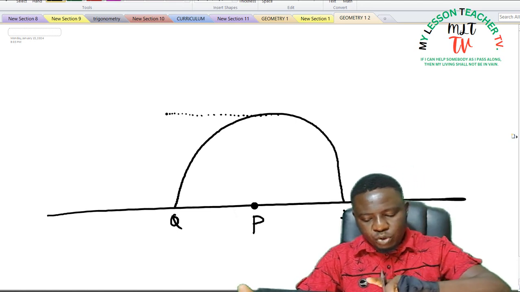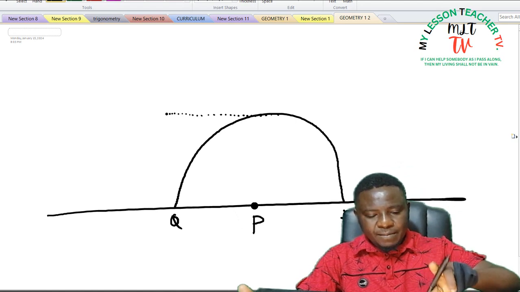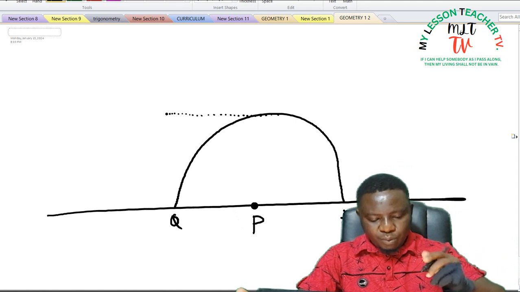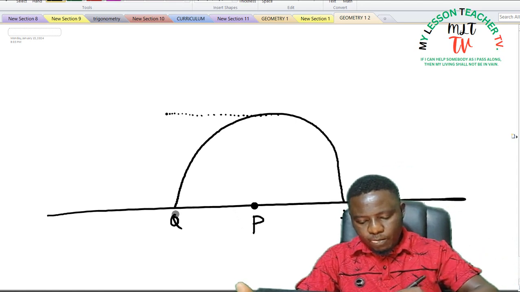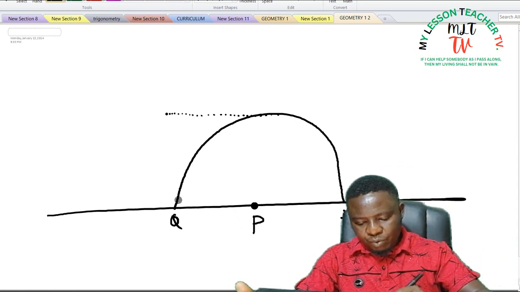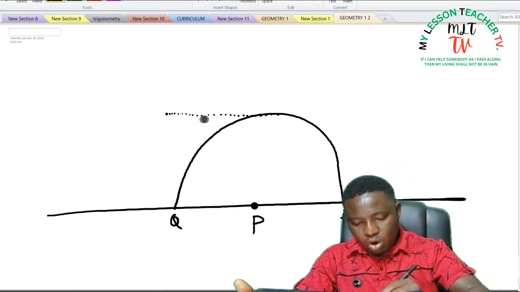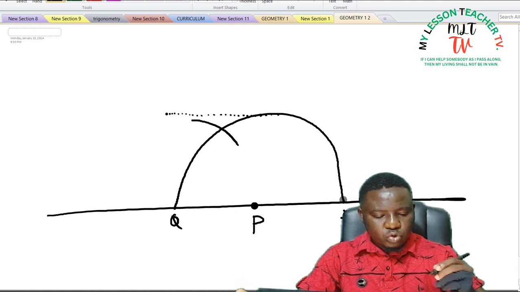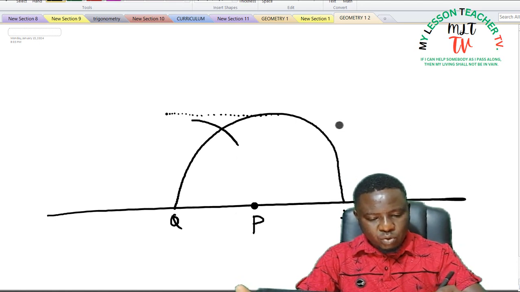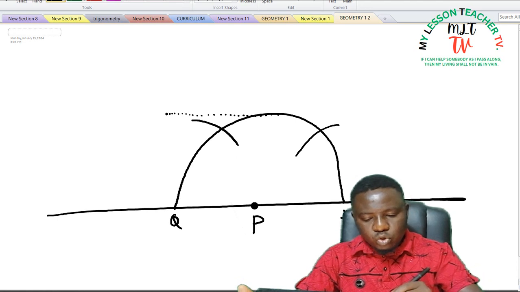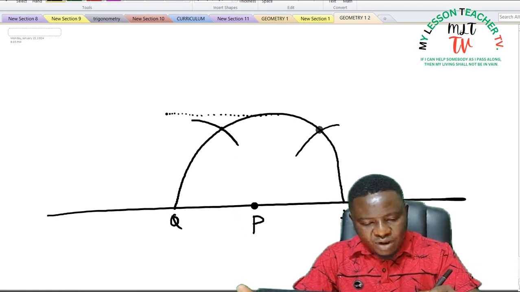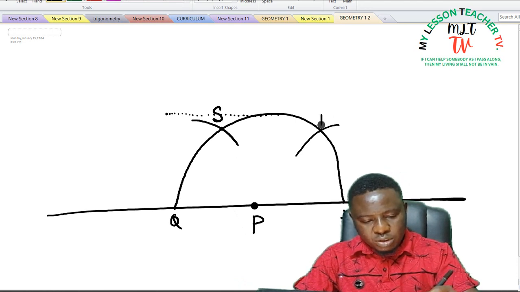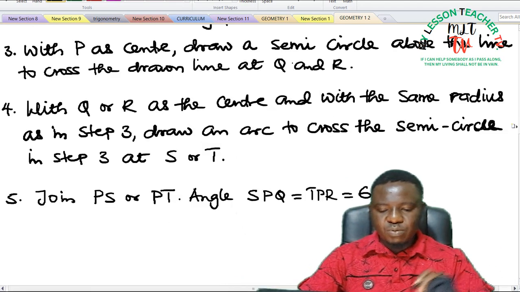So with either Q or R as center, you draw an arc to cut that semicircle at a point. If you are using Q as center, when you draw an arc, it cuts it at this point. Whereas if you use R, it cuts it at this point. So that point where it cuts is said to be either point S or T, as the case may be.